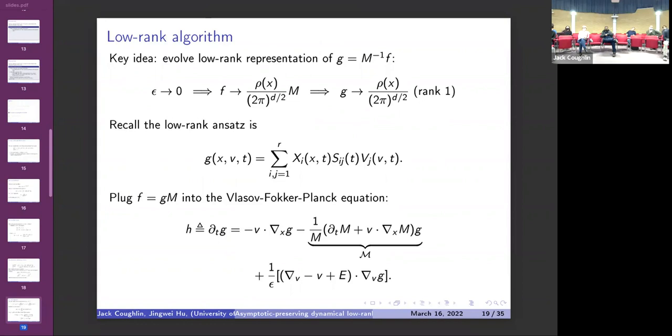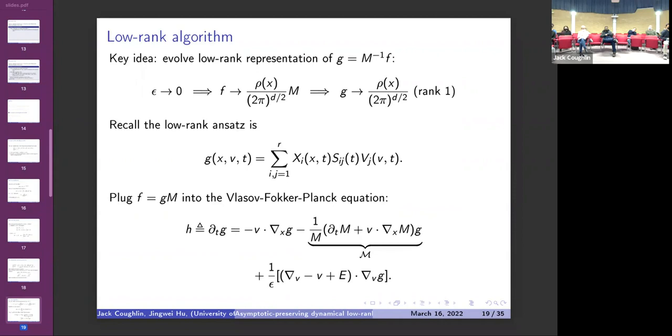So if rho times the Maxwellian is the limit of f, our g approaches rho. And this is clearly rank 1 in x and v. It's a separable function of x and v. So this has some hope of being low rank in the limit. So that's what we're going to evolve in the low rank form.